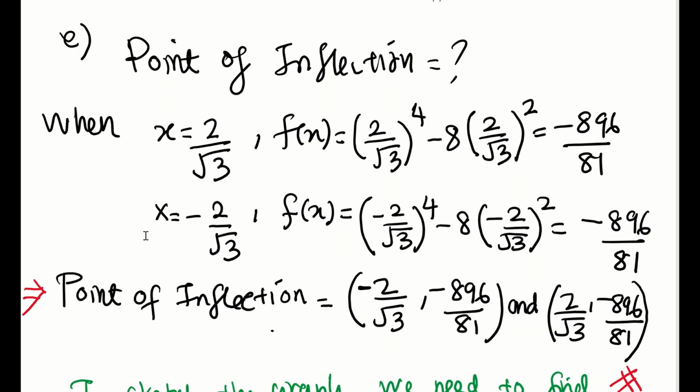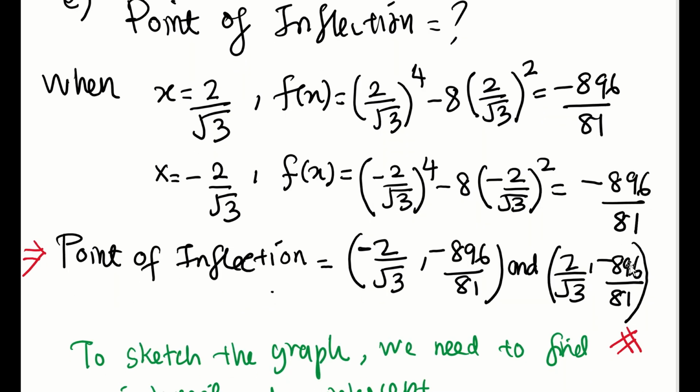Same as when x equals negative 2 over root 3, f(x) also equals negative 896 over 81. So our conclusion is the points of inflection are these two values.